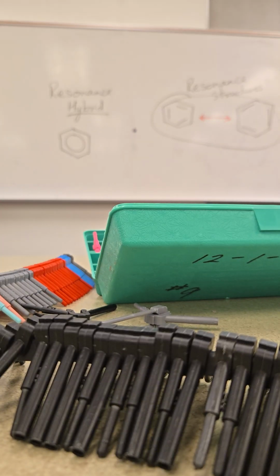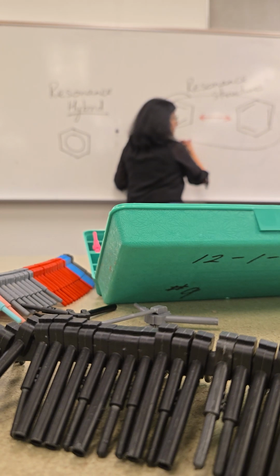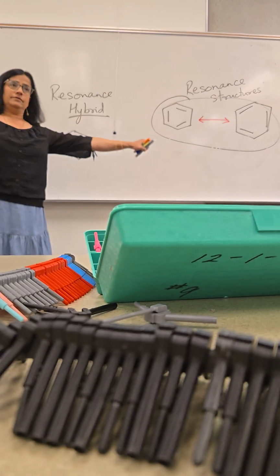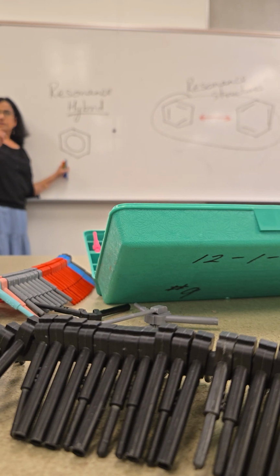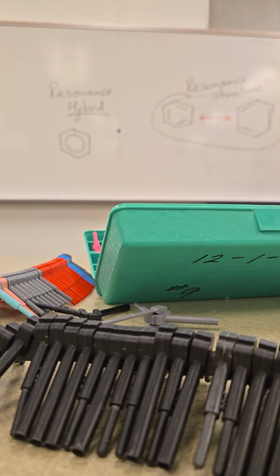In this case they are, but sometimes they're not, and we'll get to that also. That arrow is specifically used to say these are resonance structures of each other, knowing fully well they don't exist. What exists is the hybrid. You guys with me? Okay, cool. Then let's explore resonance.